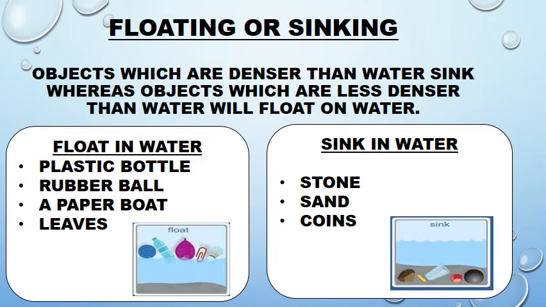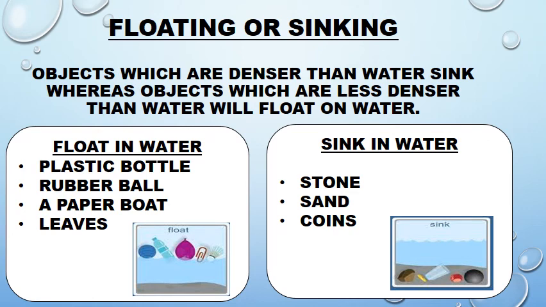Now the next property which we need to study is whether a material will float or sink in water. Students, you must have observed that when you put a plastic bottle or a rubber ball or a paper boat in water, it generally floats. Whereas if you put sand, stone, coins, they will generally sink in the water.